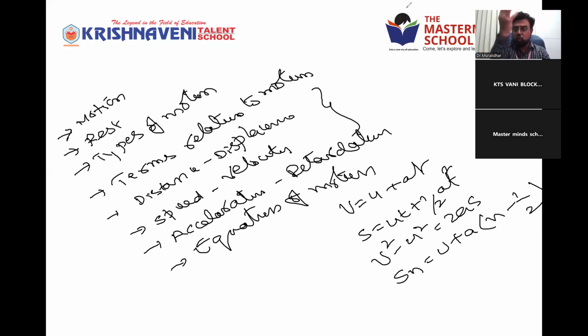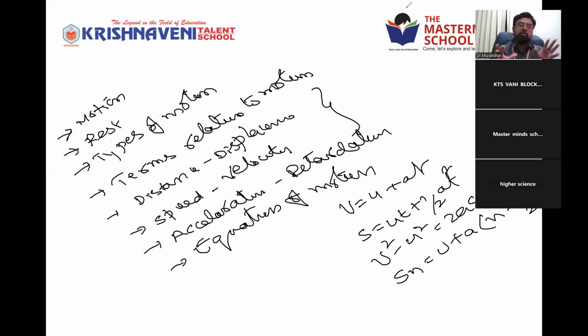Whether the body is coming towards the earth or is vertically thrown upwards, in both cases, what happens to the equations of motion? That is today's concluding topic: equations of motion under the influence of gravity, that is, how this motion is affected by the gravitational force.